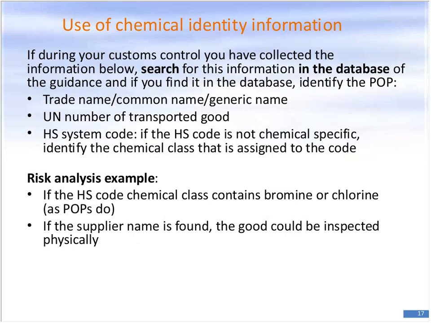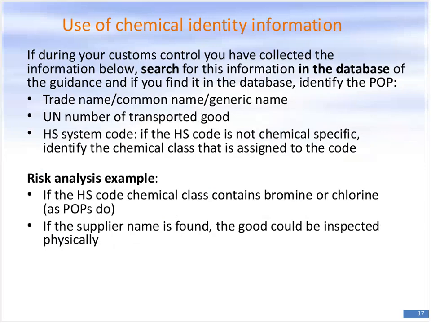Okay, so how do you use that information? It's very simple. You collect your information and you search it in the database. And this is not only valid for customs. If you have the classification and labeling, you can also control the issue in a company.